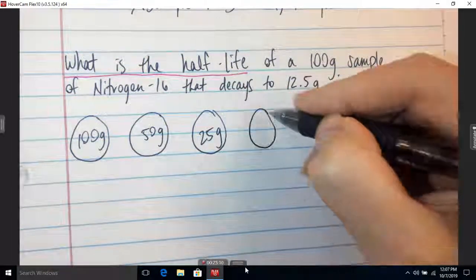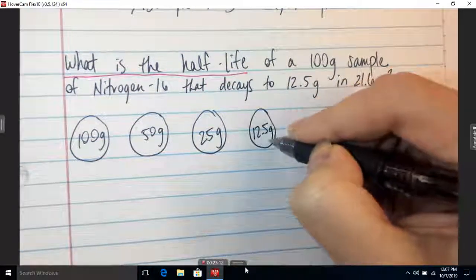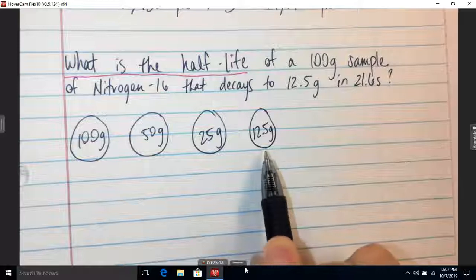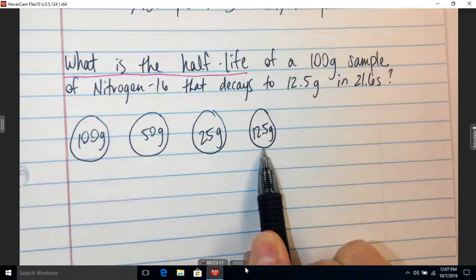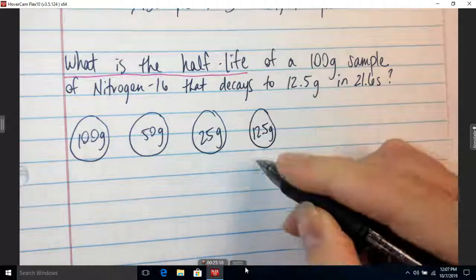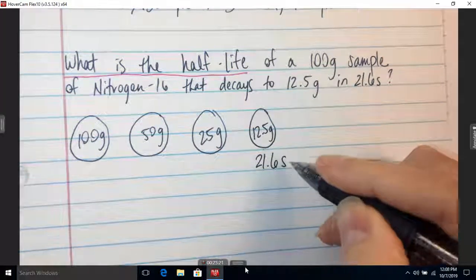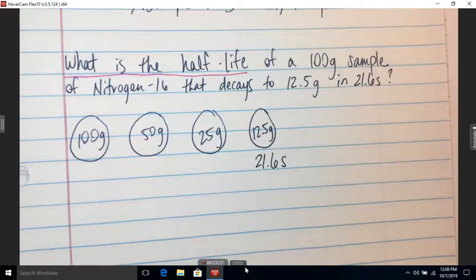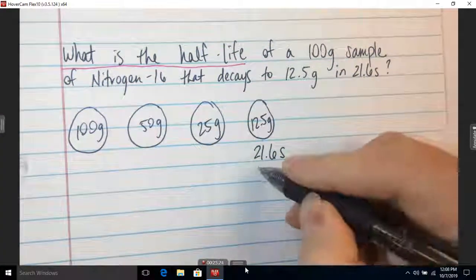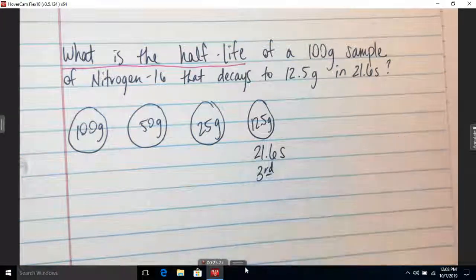What would this one be? And they're telling me how long did it take to get to this? 21.6 seconds. And Autumn just said 12.5 would be at the third half-life, and she is correct.